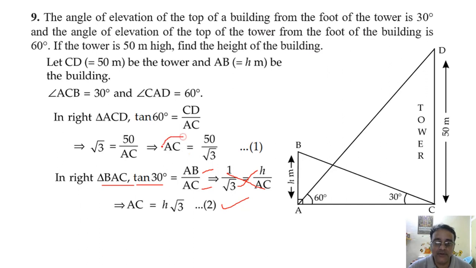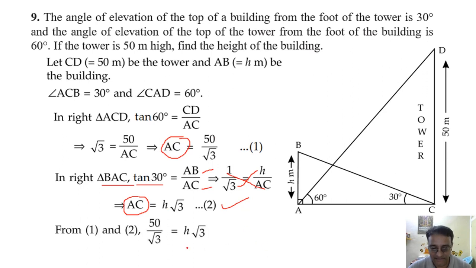Now we will compare these two equations. AC on the left hand side is the same for both. So from 1 and 2 we will get h root 3 is equal to 50 by root 3. So this root 3 into root 3 becomes 3. So we'll get h is equal to 50 upon 3. So what is 50 upon 3?